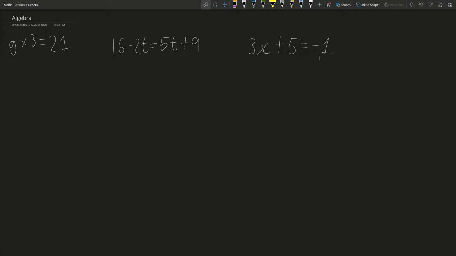So the first question we're going to be doing, g times 3 equals 21. There's a few rules you should know about algebra. When you have two values, let's say a times b equals c, you can move either a or b to the other side, but you have to divide when you move it.